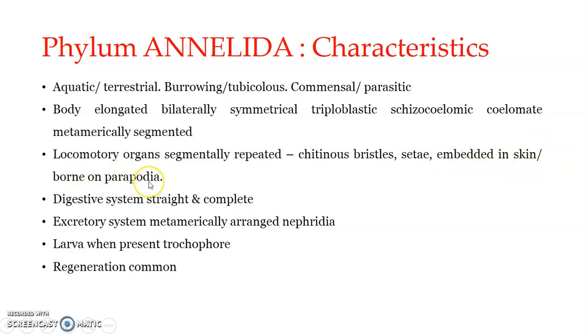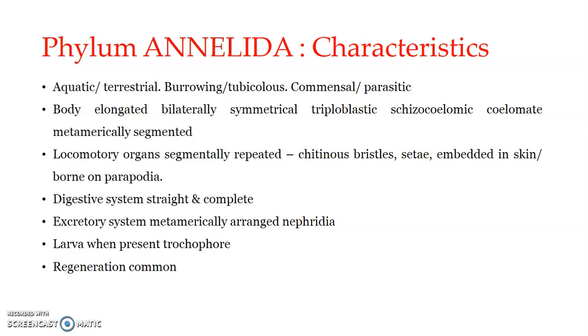Alimentary canal, as you can see, is straight and complete, and it extends from mouth to anus. It is tube-like. Respiration is brought about through the general body surface, or in very few cases, even through gills. Respiration may be by moist skin, or it may be by gills present on the head and parapodia.